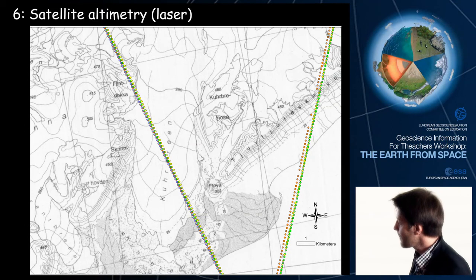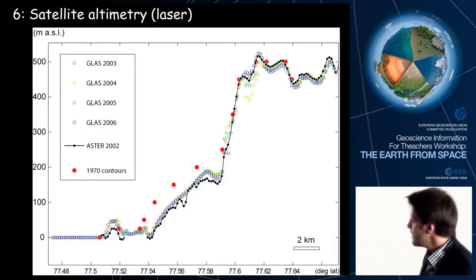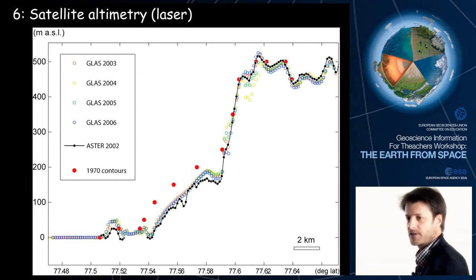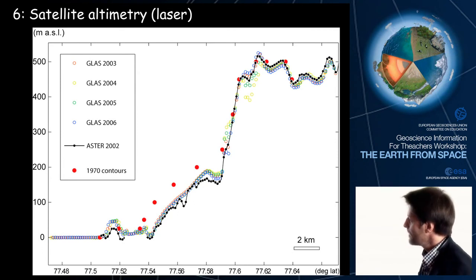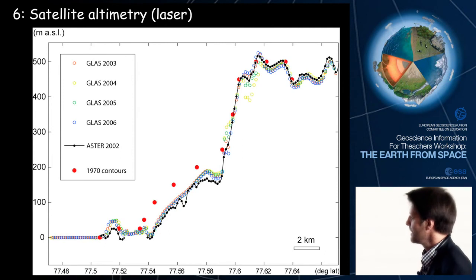If I look to a profile going from the sea here up to the mountains here, it looks like that. The circles here are the 4 ground tracks of the laser instrument. The dark line here is the elevation model from optical stereo I showed you before. Fits quite well. Here's a mistake in the optical elevation model, but else it fits quite well.